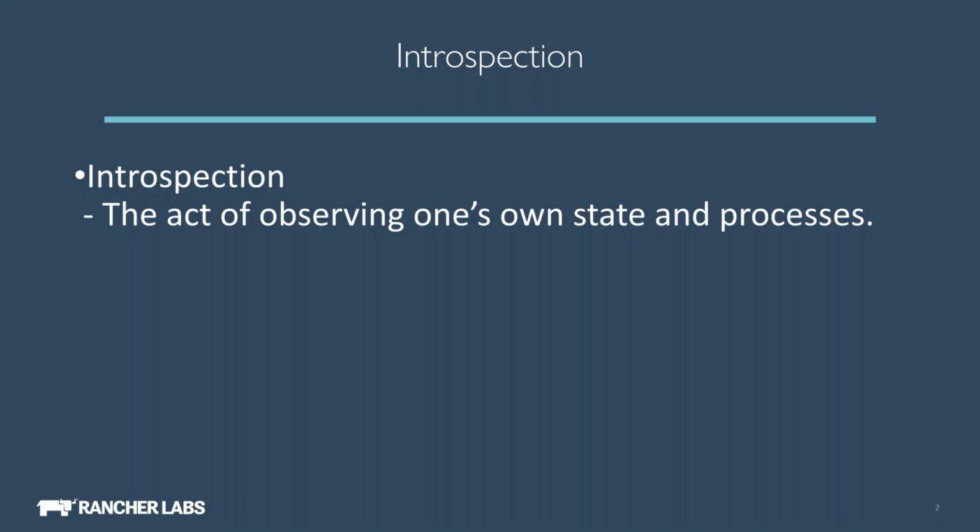It's the ability to see one's own state and process, and we're doing this at runtime, debugging and analyzing. We have kubectl logs and kubectl top, and these give us the ability to see state and process at a point in time. The problem is that kubectl top and kubectl logs just don't scale. So we need other ways to do that.